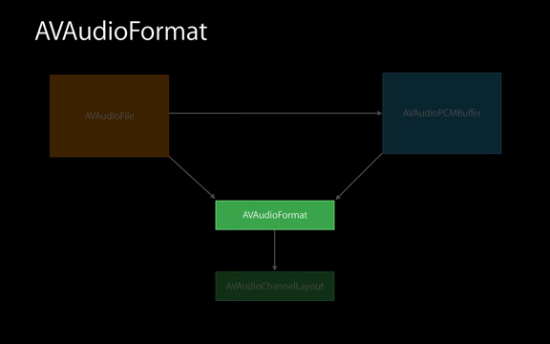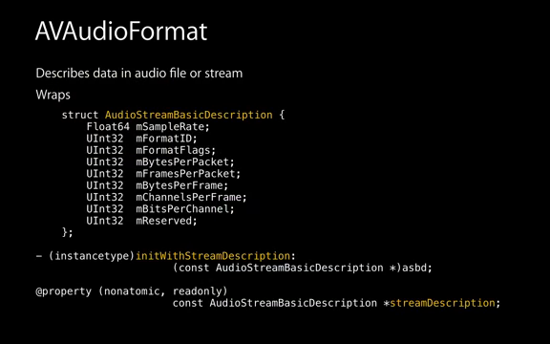So first, let's look at AV Audio Format. This class describes the actual format of data you might find in an audio file or stream, and also the format of the audio you might be passing to and from APIs.